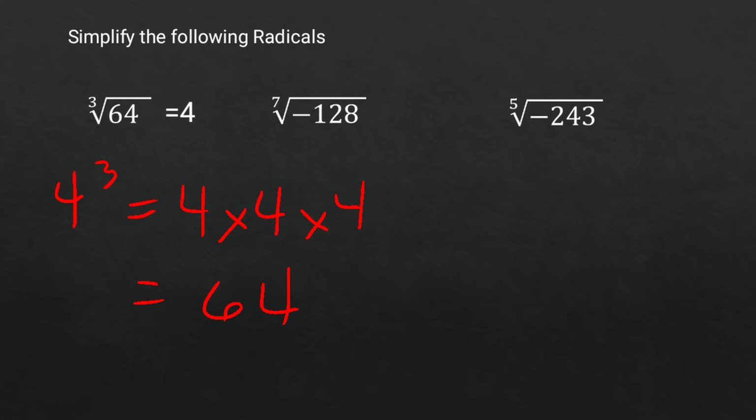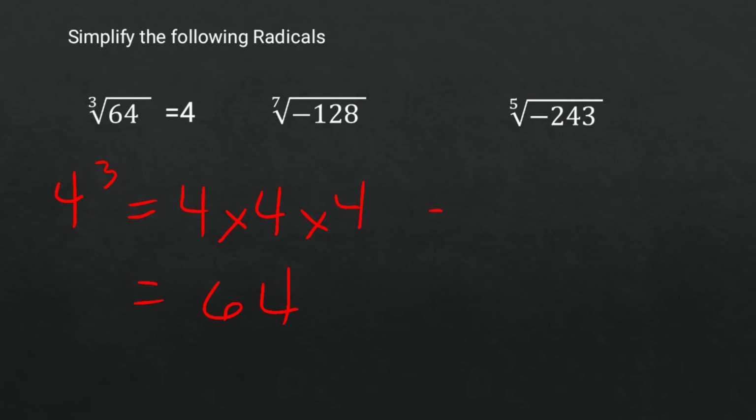For the second example, we have the 7th root of negative 128. Let's find a number that, if we multiply it 7 times, will give us negative 128. Let's try negative 2.